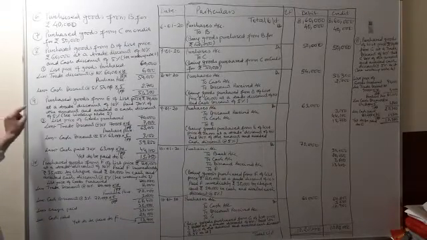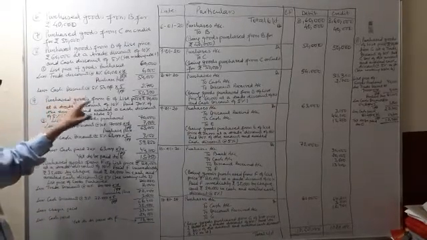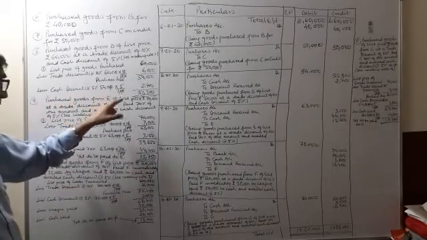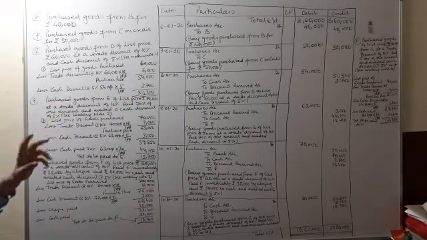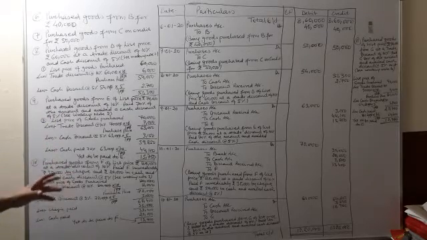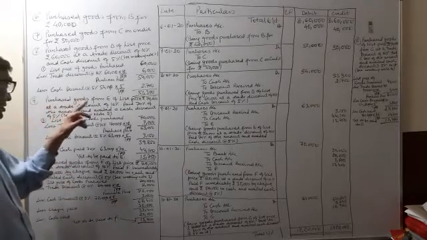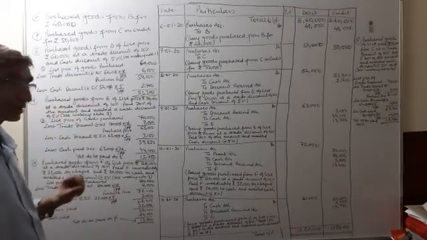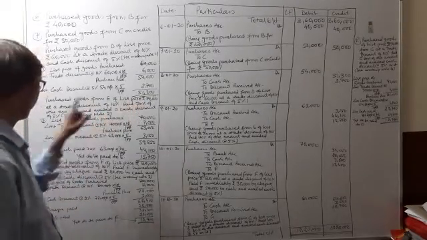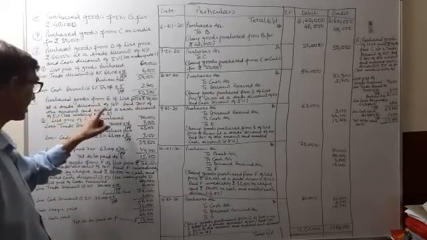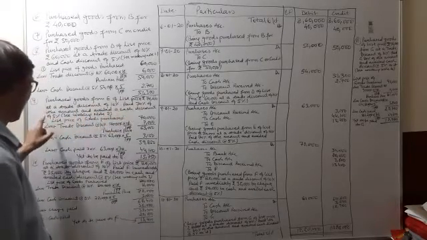Now the ninth transaction, purchase goods from E of list price rupees 70,000. The list price is 70,000. List price means the catalog price. At a trade discount of 10%. Trade discount is 10%. Paid 70% of the amount and availed a cash discount of 5%.